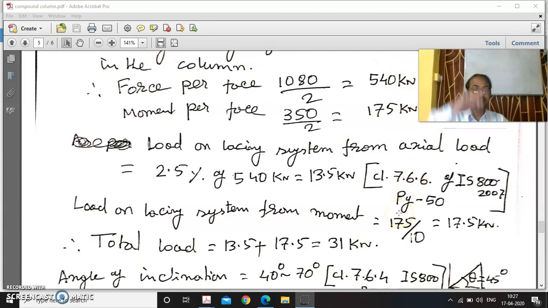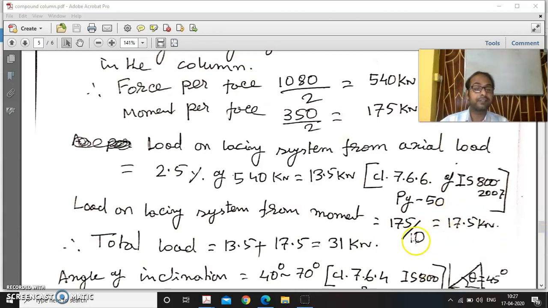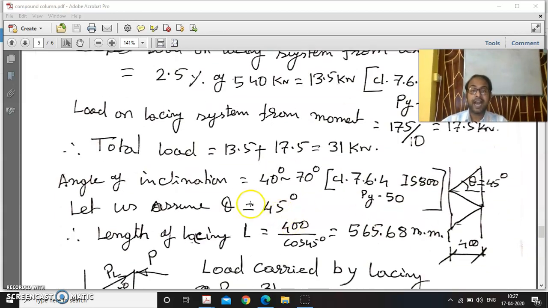Because if the length of the column is 10 and the moment is acting above, we take the moment divided by the total length of the column, which gives the force acting transversely. So 175 divided by 10, the length of the column, equals 17.5, and we add this to find the total load. It's coming as 31 kilonewton.